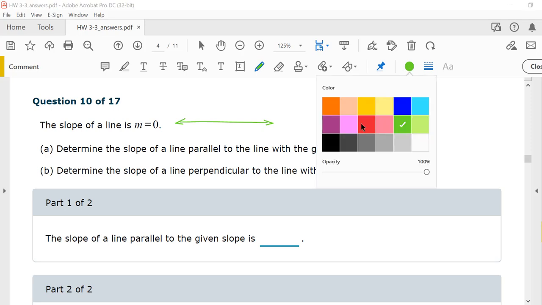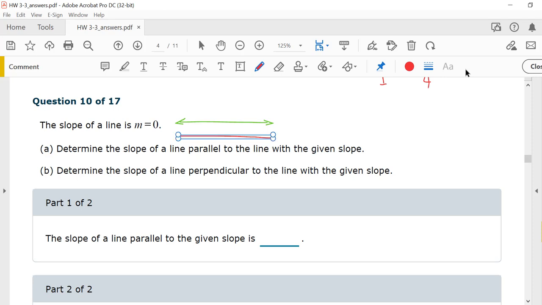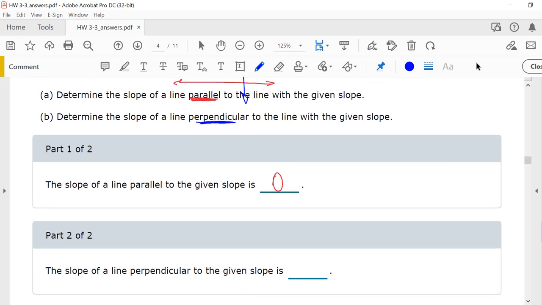All right, so the line we want is parallel, so it too will have slope 0. Parallel line had slope 0 as well. But perpendicular line, it would look like this, right? It would be a vertical line. The slope of a vertical line is undefined.